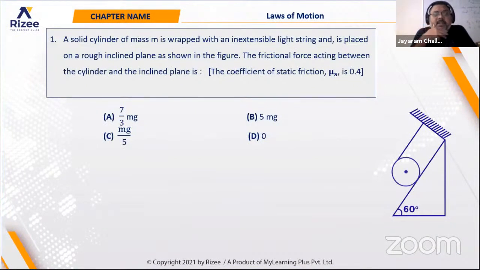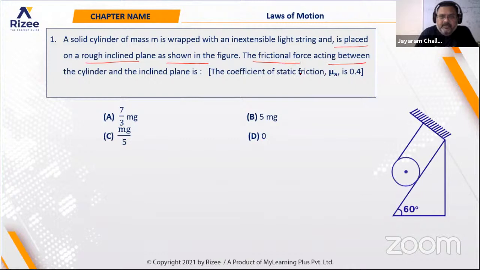So coming to this particular case, where a solid cylinder of mass m is wrapped with an inextensible string and is placed on a rough inclined plane as shown in the figure.